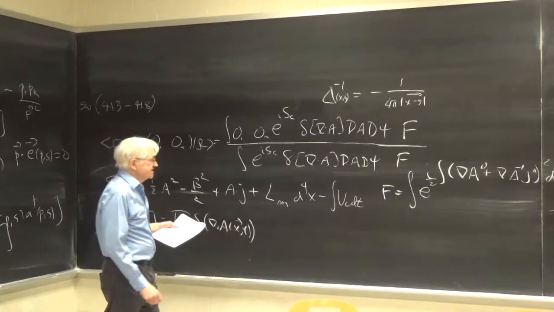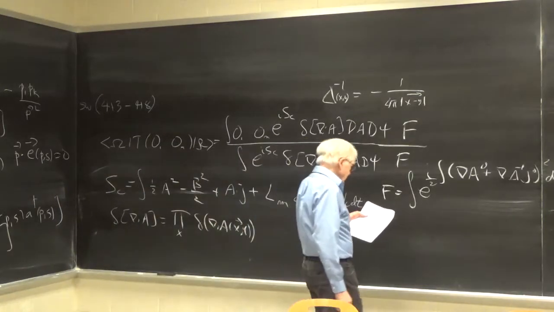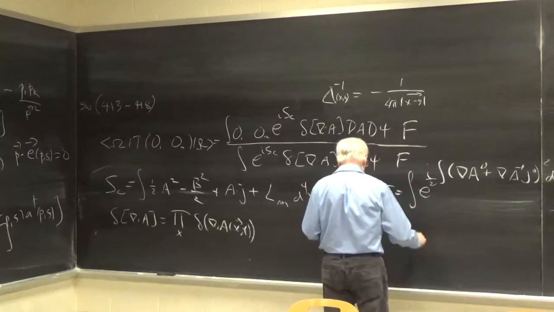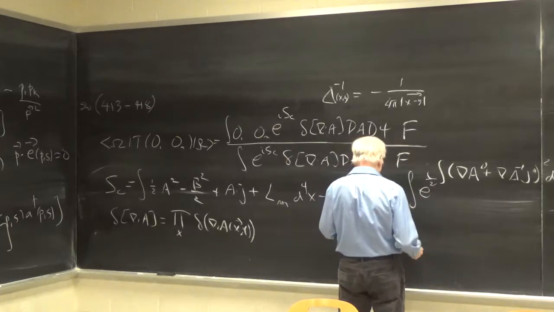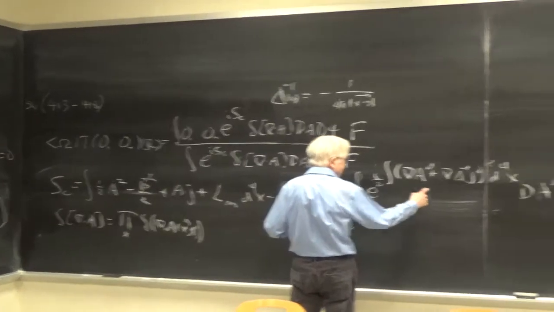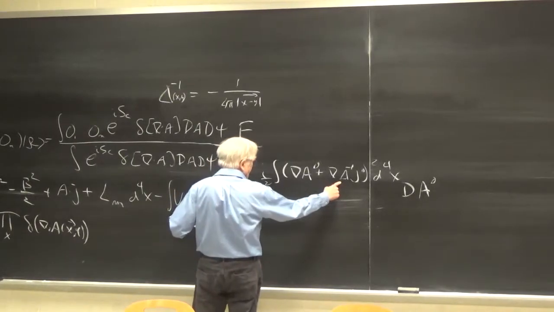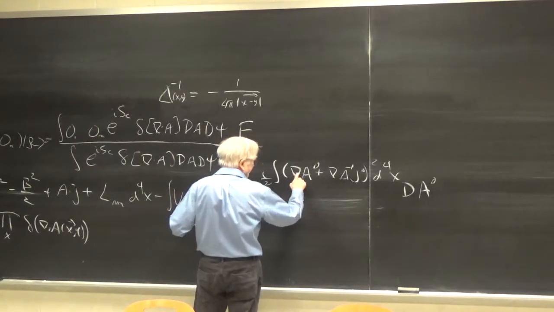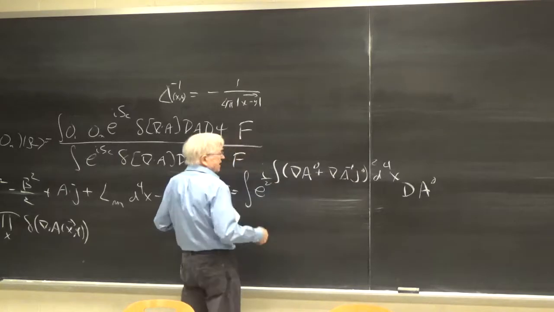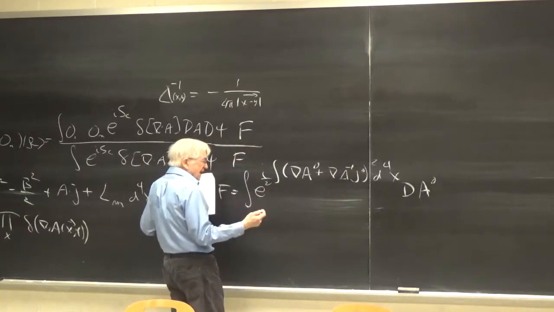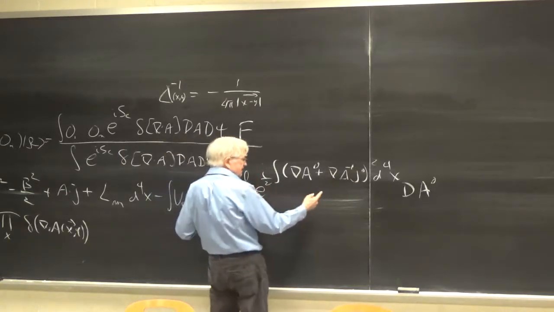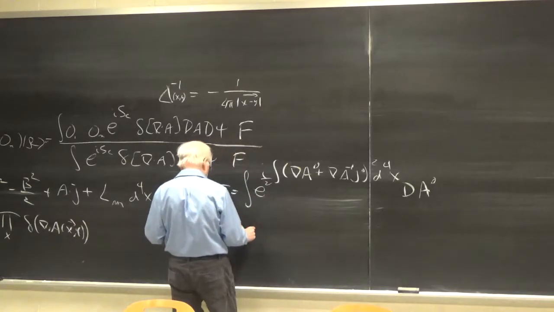Now this F, we can massage it a little bit. First of all, if we expand this product, we have a grad, so that's grad squared with a minus sign when we integrate by parts. Maybe I'll do this in two steps.